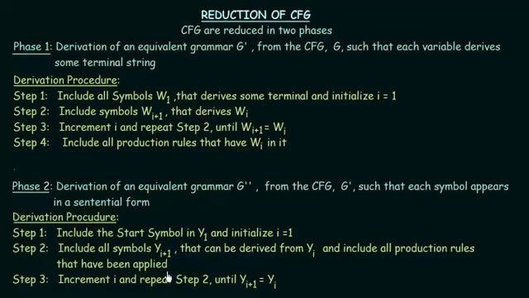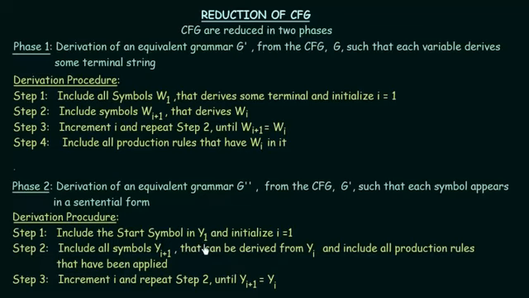So just like we did in phase number 1, even in this one we see that in Y1 we have our start symbol, and then in the next step we will include in the next set all the symbols that can be derived from the symbols in the set of the previous step.